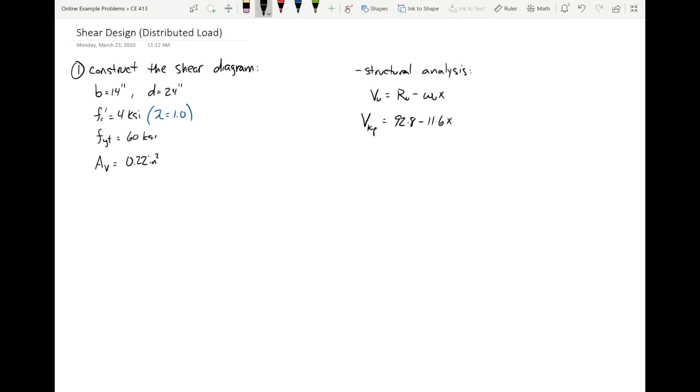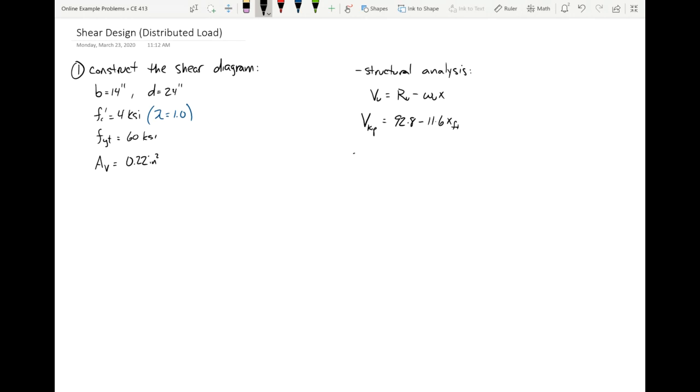But what I'm also going to write here is that this is in feet. In other words, remember the 11.6, that's the distributed load, that's in kips per foot. So your X value is in feet and your shear comes out in kips. That's just sort of a shorthand way of me identifying the units for the problem.